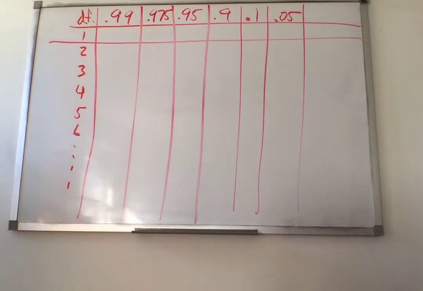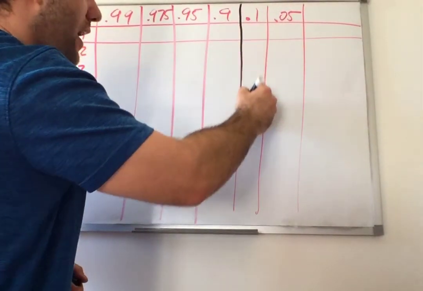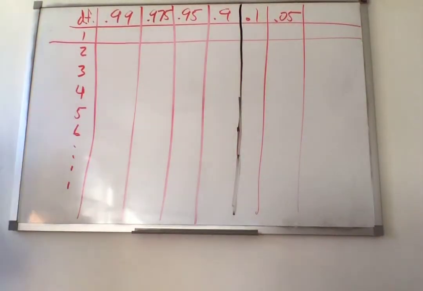If you notice and look at this table, it is symmetrical about this black line right there. It happens to be the exact middle of the table.